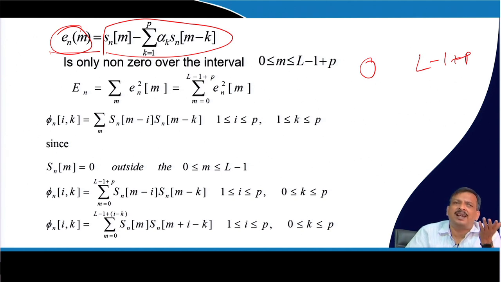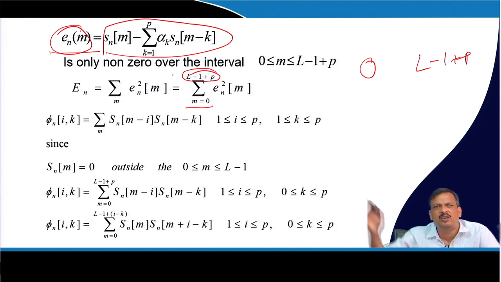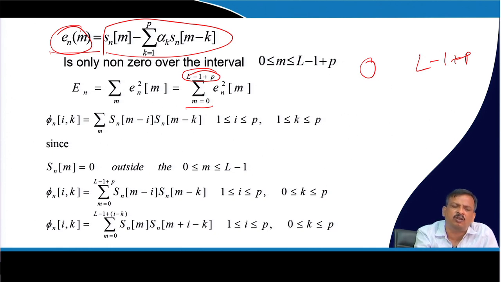So, for the mean square error I do not have to compute infinite samples, I only compute m equal to 0 to L minus 1 plus p, because elsewhere it is 0. So, it is not contributing to the mean square error. So, the mean square error is contributed only by L minus 1 plus p error values.